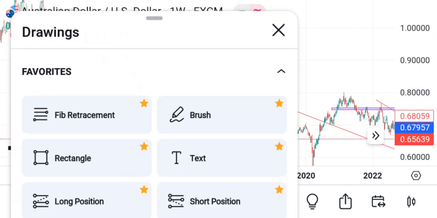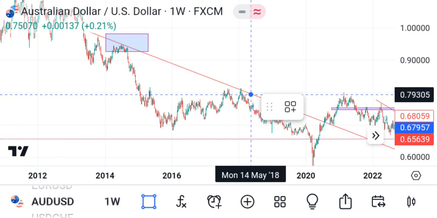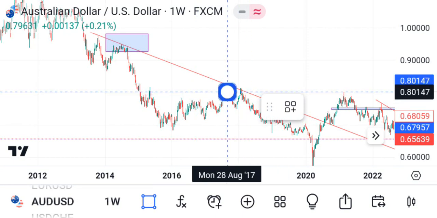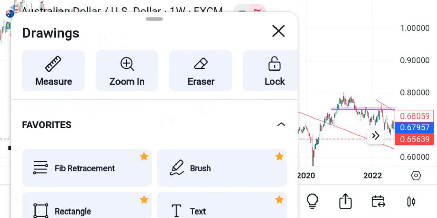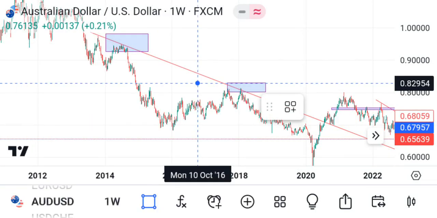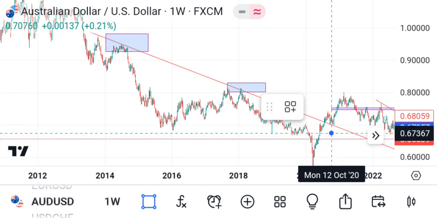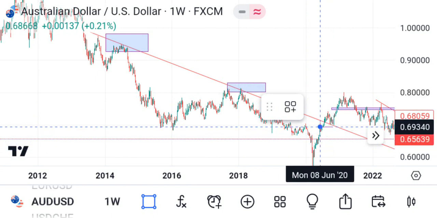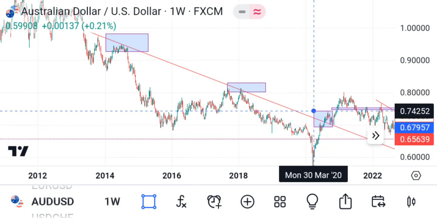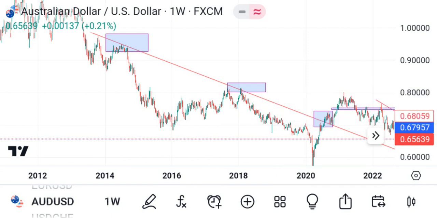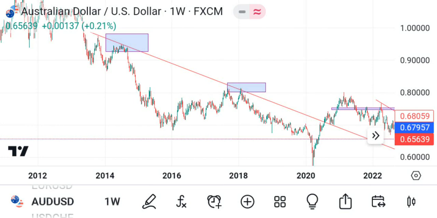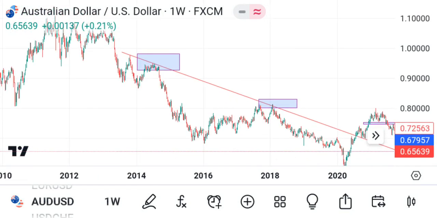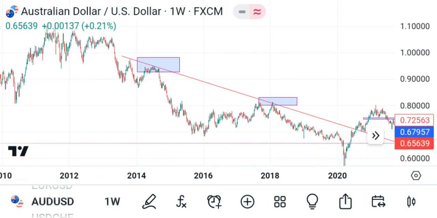The market has been respecting these trend lines, and finally it broke here. It came to this last zone and it got broken. But as you can see, these two major swing points were respected, and the market moved to the downside.